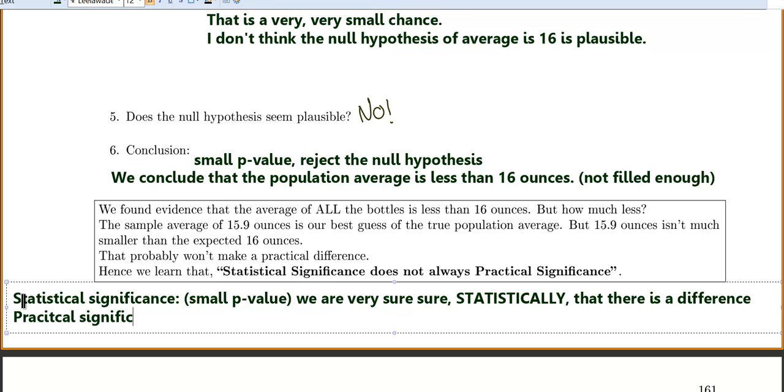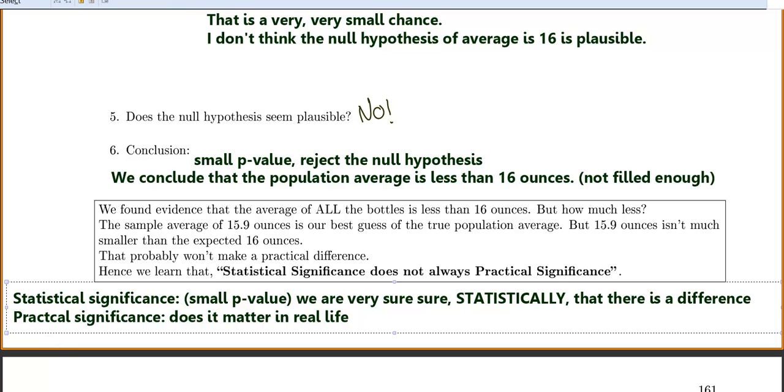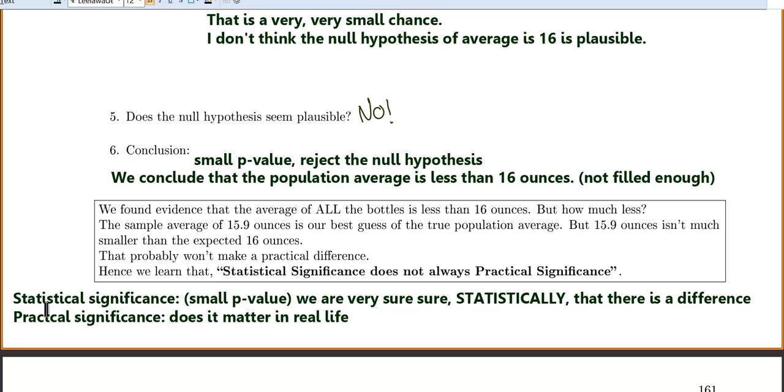Practical significance means does it matter in real life. So once again, we are very sure, statistically speaking, that there was a difference here, that the average of all the bottles was less than 16 ounces. But practically significant means, does it actually matter in real life? So does anyone care if they're off by 0.1 ounces? And to answer that, you have to actually be an expert in the field that you're interested in.